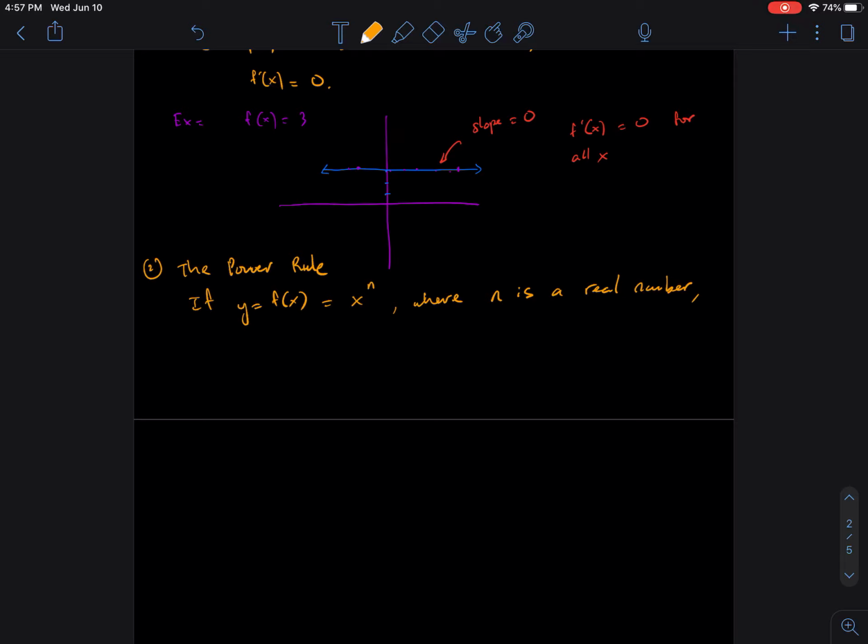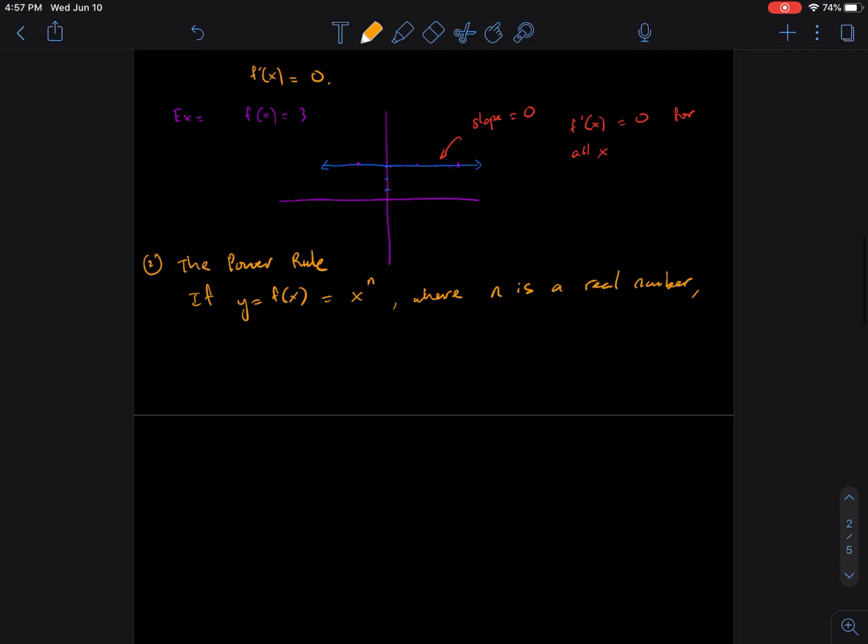Okay, so if we have a function in this type of format, this is a polynomial format, some power n where x is just the input, then to find the derivative f prime of x, we just bring down the power n times x and then subtract the power by 1.